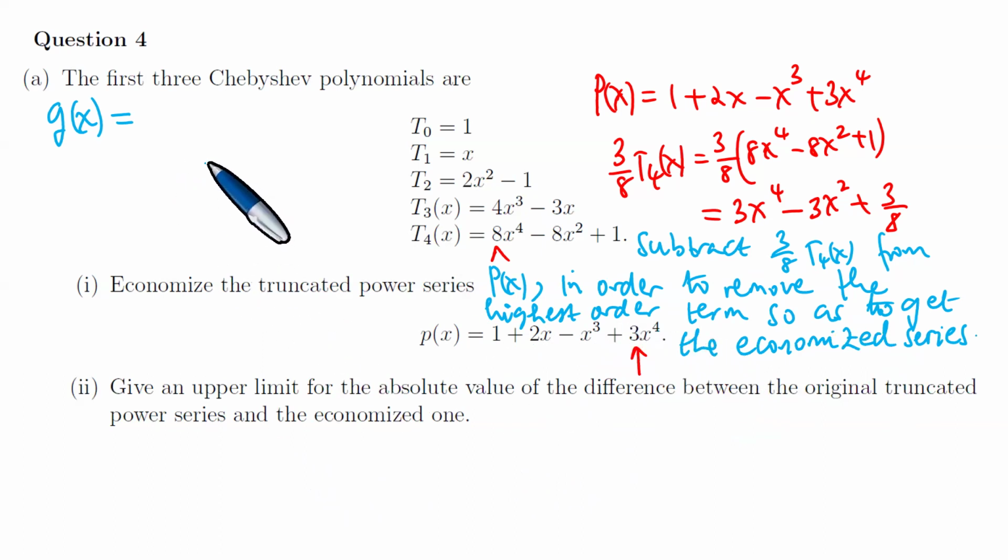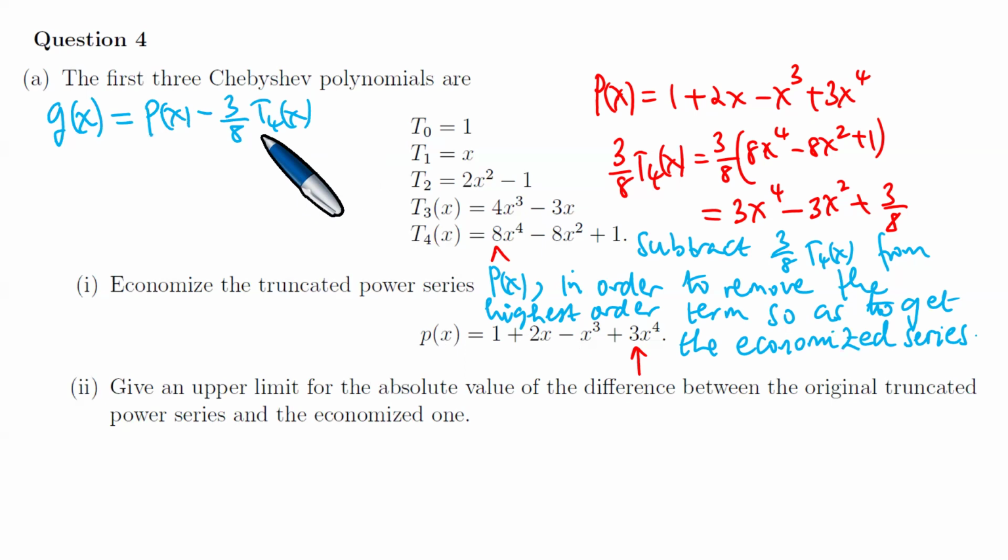So you perform algebraic subtraction: P of x minus 3 out of 8 T4 of x.